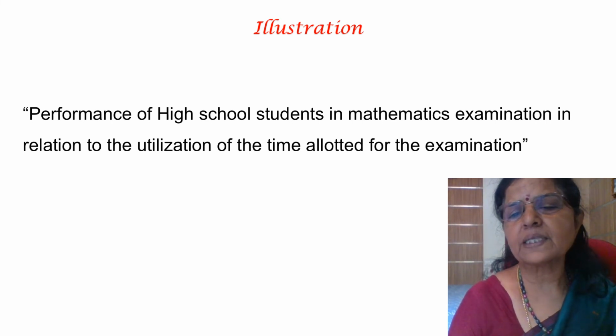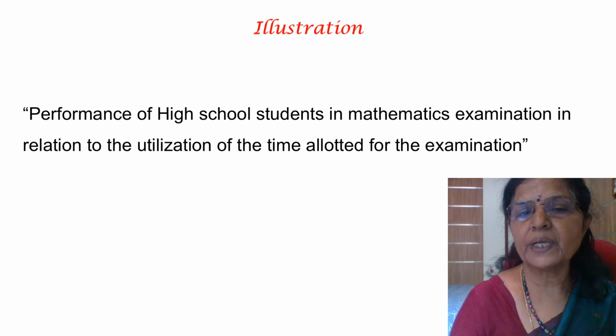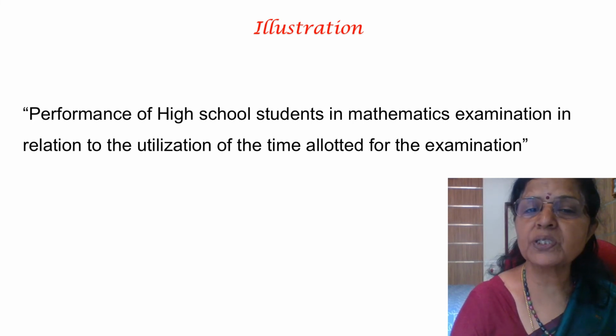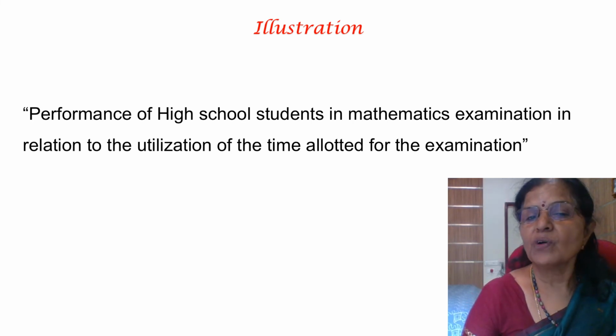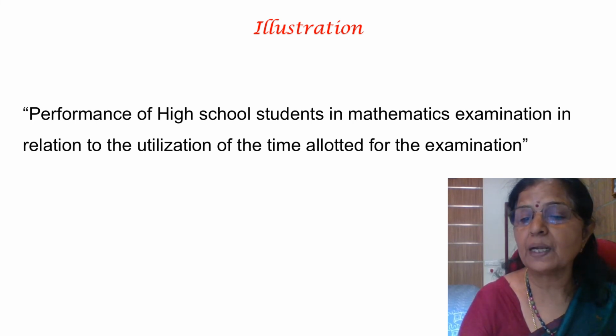Finding that no work has been done for the high school students on the relationship between the performance of the students, which is my DV, dependent variable, and the utilization of full time allotted for the examination, which is my IV, independent variable. Why do I say independent variable?